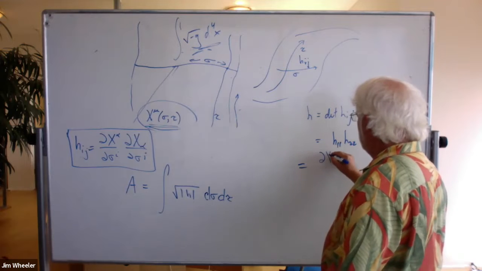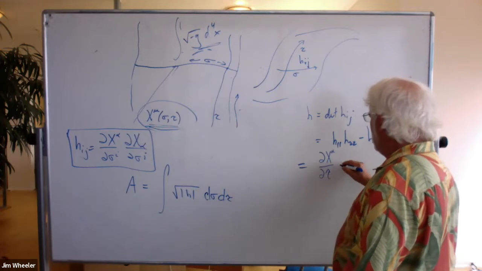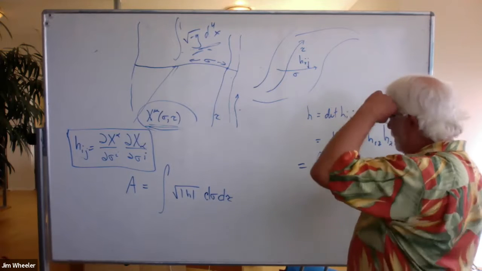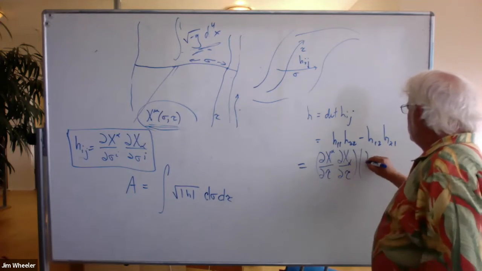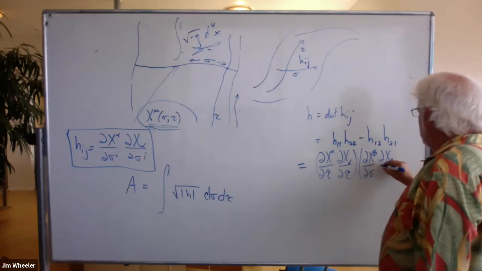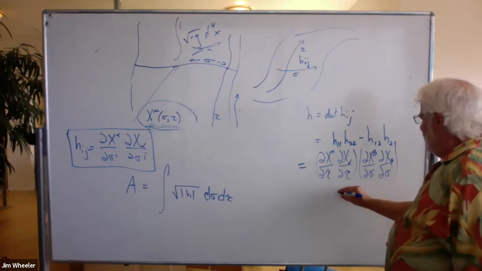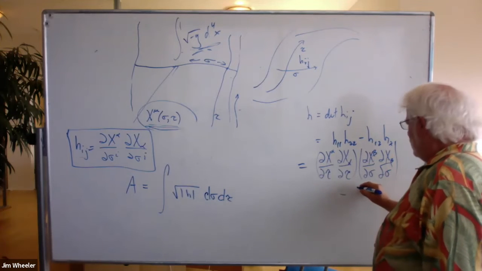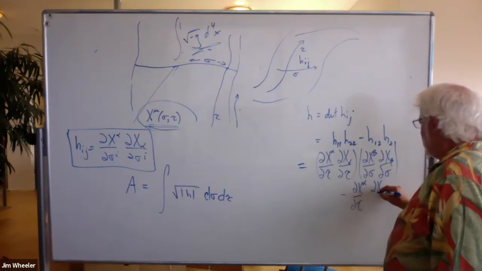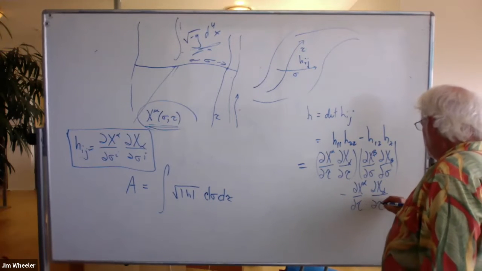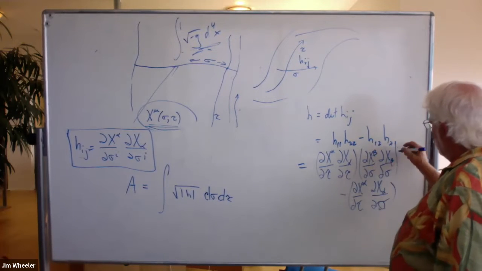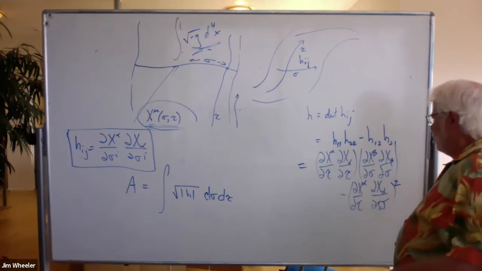So we have dx alpha d tau, dx alpha d tau for h11. h22 is dx beta d sigma, dx beta d sigma. And then we're going to subtract the inner product of these, d tau with dx alpha d sigma. And we just get that squared. This is 1, 2, and 2, 1 gives us this squared.